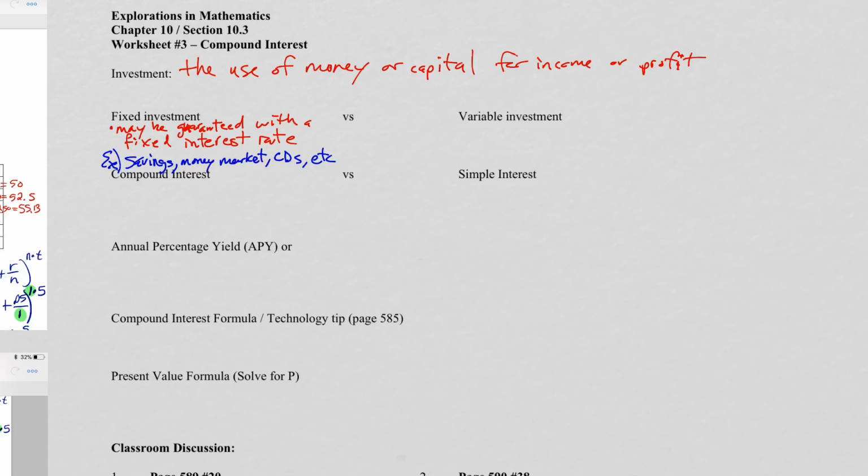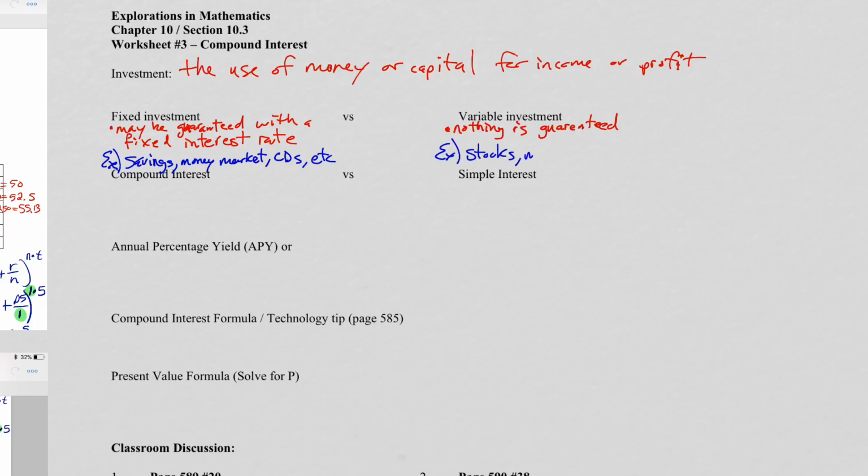Okay, so a variable investment, there is nothing guaranteed. And if nothing's guaranteed, that means interest could fluctuate, or you can even have negative interest, depending on how the risk is. You could have no return on your investment. Examples of this would be things like stocks.